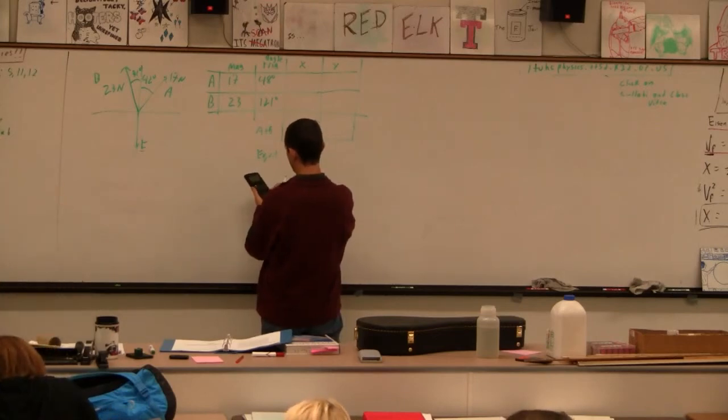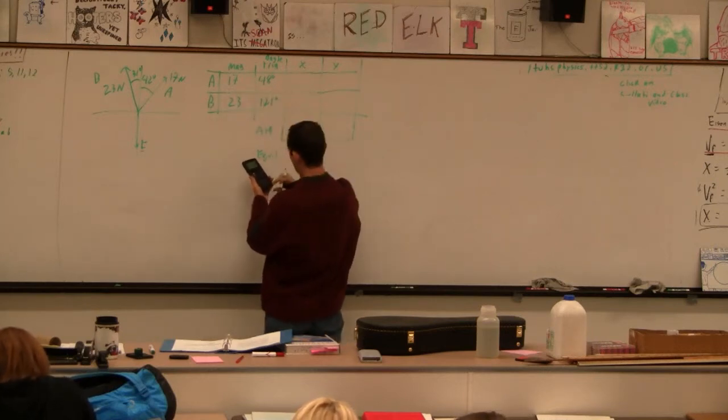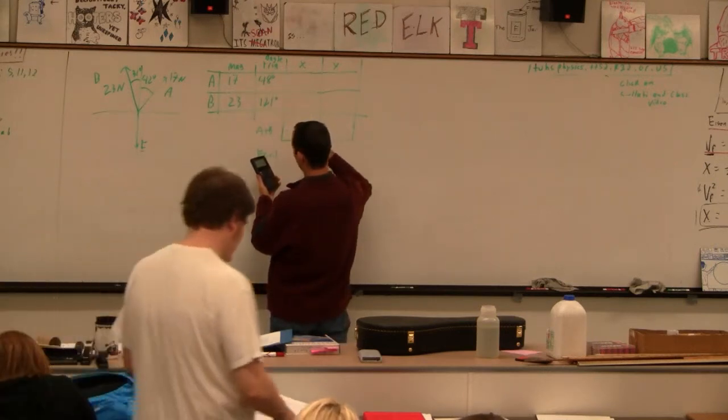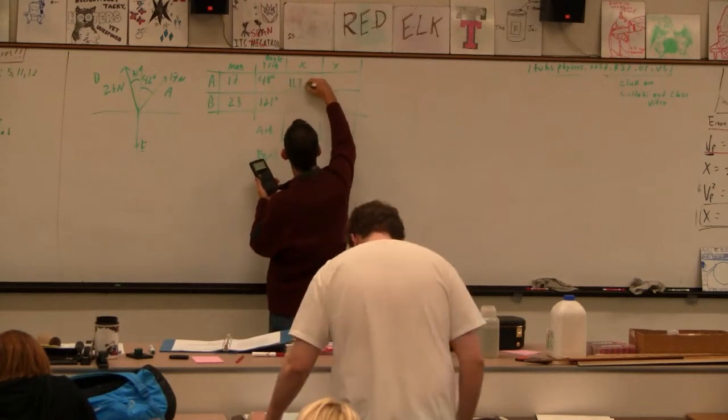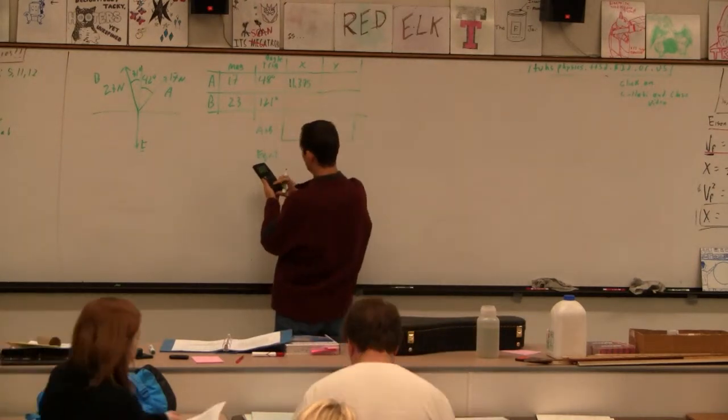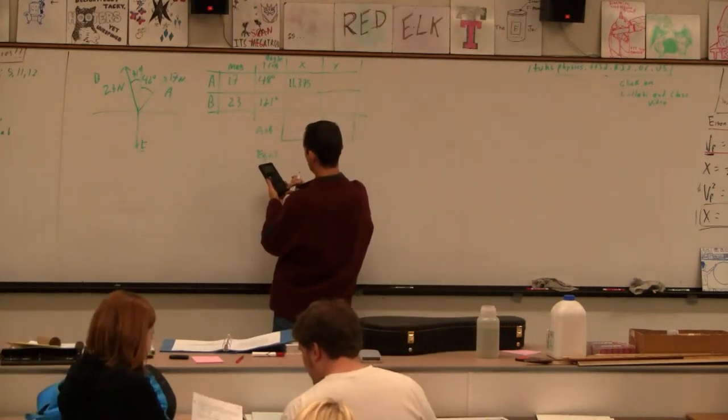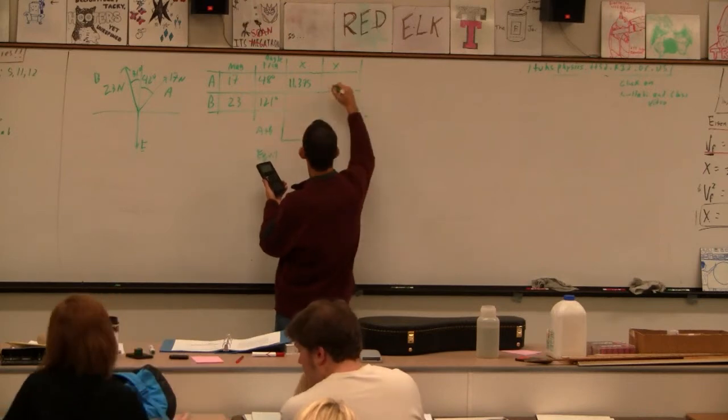Cos 48. Okay, so I'm going 17 cos 48, and I get 11.375. And 17 sine 48, 12.633.